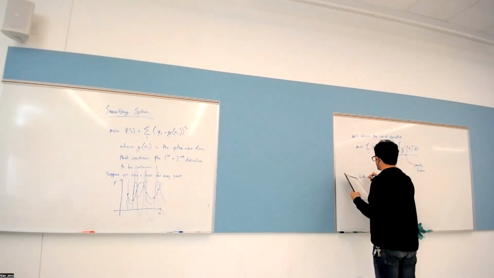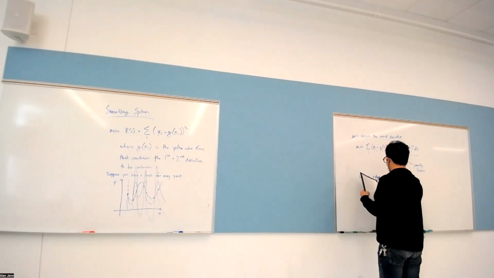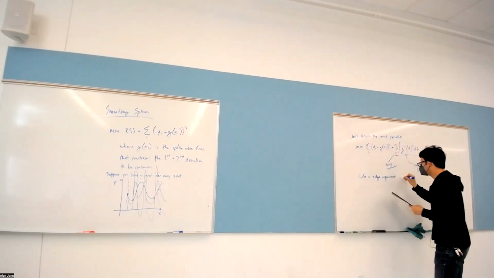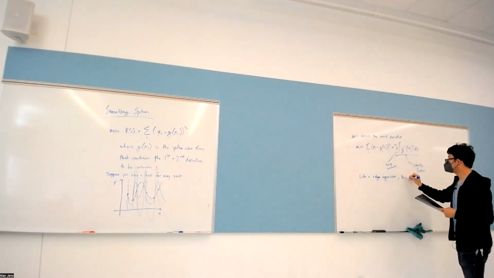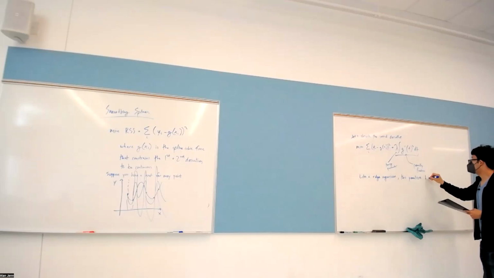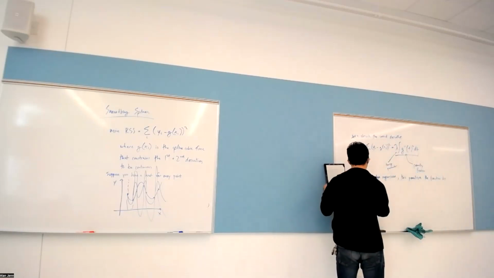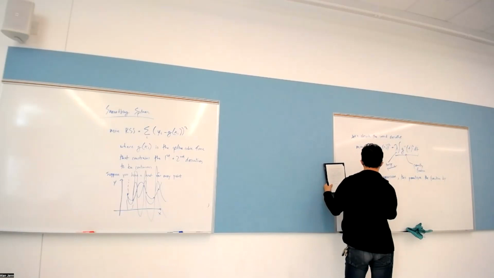So like a ridge regression, this penalizes the function by encouraging smoothness.